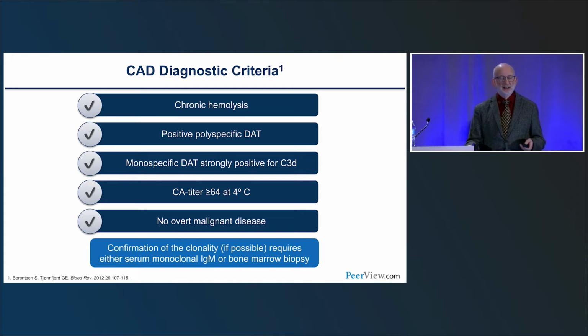The cold agglutinin titer must be high, and we used to use 64 as a cutoff. There must be no overt malignant disease, and if these criteria are present, the patient has cold agglutinin disease, and we try to confirm the clonality, if possible, by serum protein electrophoresis, which will show monoclonal IgM, or bone marrow biopsy.